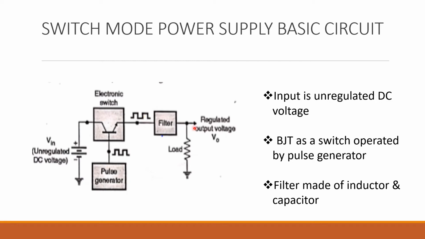But still, your filter is responsible to maintain the same voltage which was there previously for on period of pulse at this point. The output voltage will depend on average value of on and off period. You can also say like duty cycle of this pulse will decide the output voltage, value of output voltage that you are getting here.